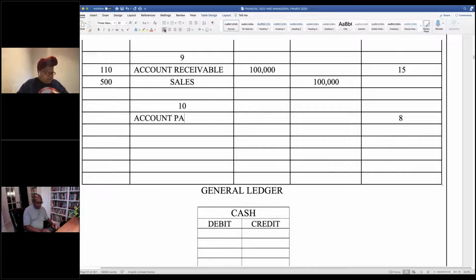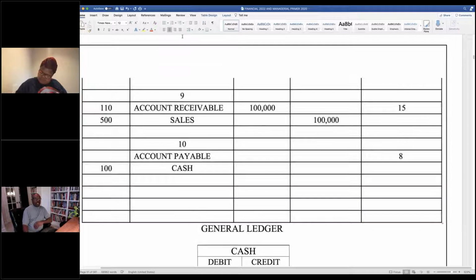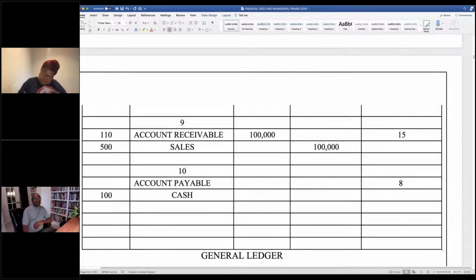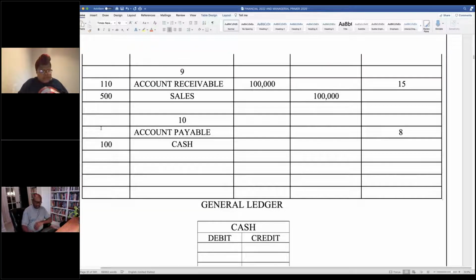Accounts payable. What are we going to credit? Cash. And what's our account number for accounts payable? 301. What was our amount? 5,000.